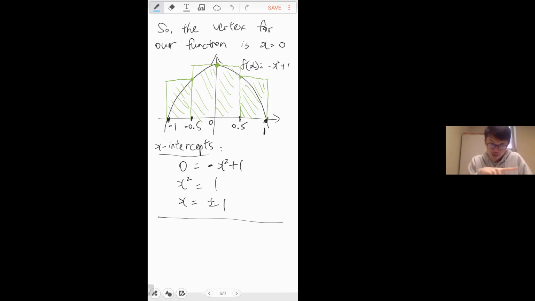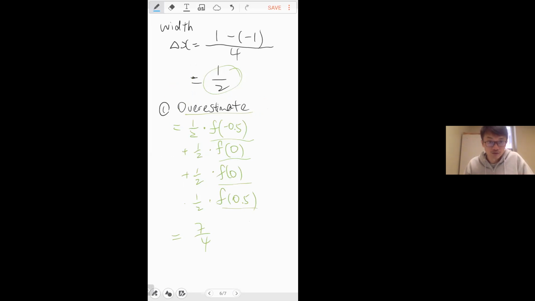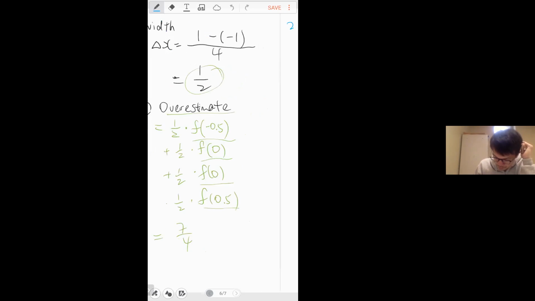So if you add those numbers up, you should get 3.5. And so the number you get should be 3.5 divided by 2, which is the same as 7/4. I don't actually understand your question. Yeah, 7/4.